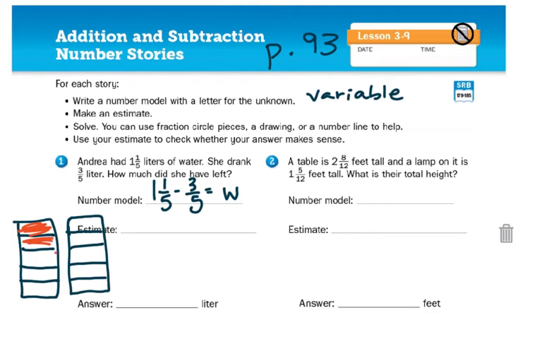She had 1 whole liter, which is 5 fifths plus 1/5 more. And we know that she drank 3/5. So let's take and cross off 3/5. 1/5, 2/5, 3/5. What does she have left? She has 3/5 of a liter. Our estimate should have been she's going to end up having less than a liter.